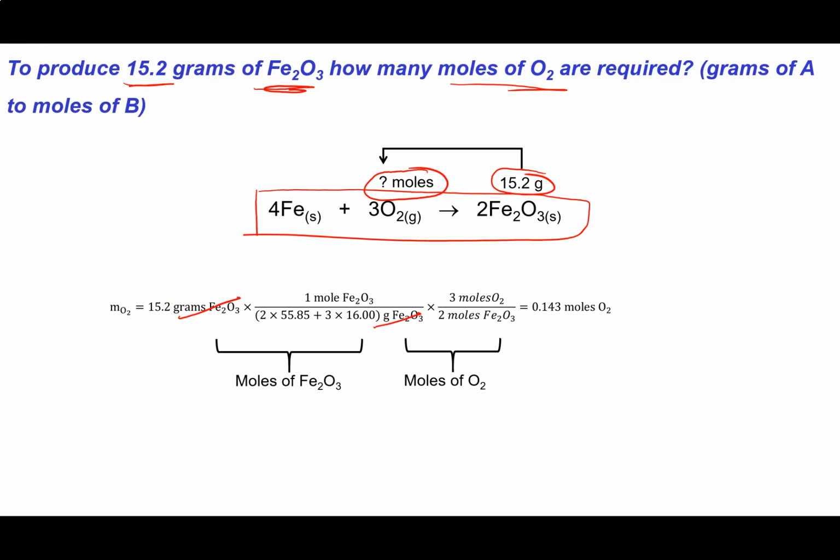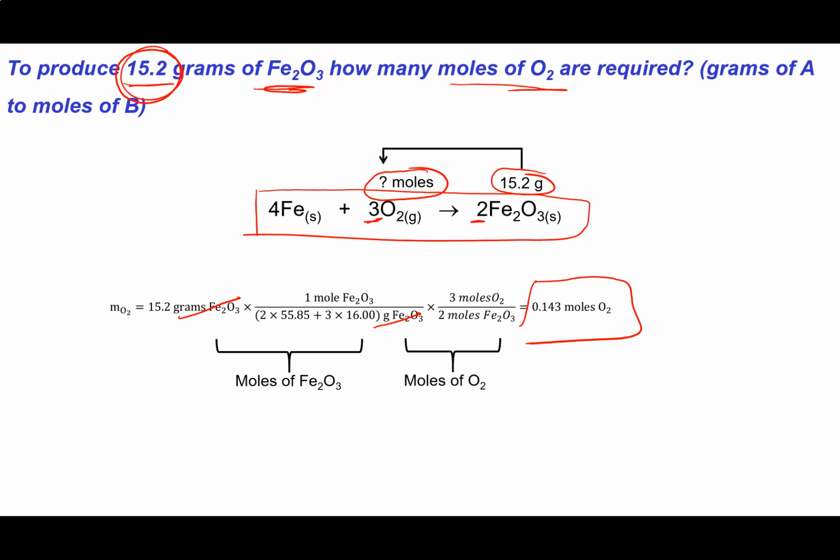Now what I'm going to do is apply my mole ratio, and I'm going to get that by looking at the coefficients in my balanced chemical equation. And I can see here that I get 3 moles of O2 for every 2 moles of Fe2O3, and then here's my answer given to 3 significant figures because my starting number had 3 significant figures.